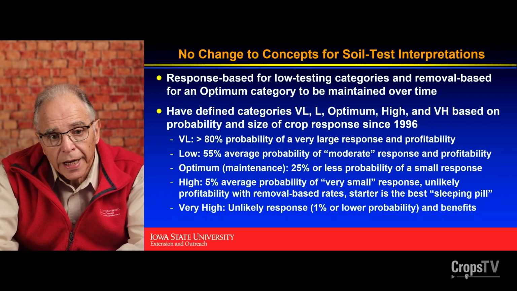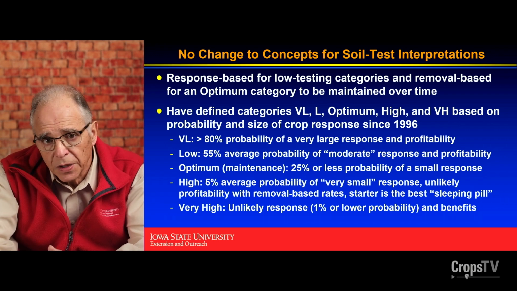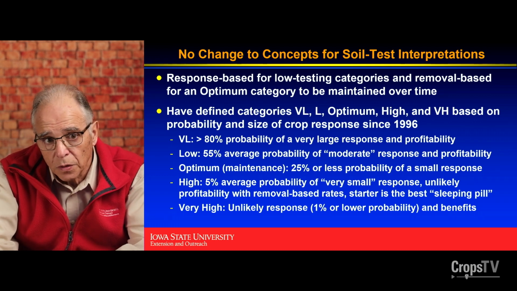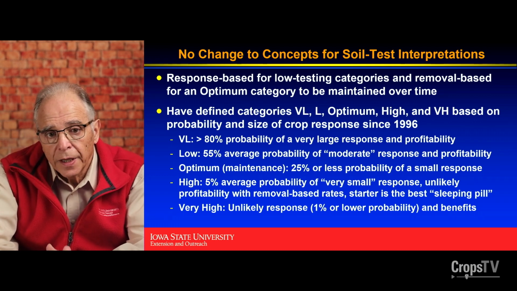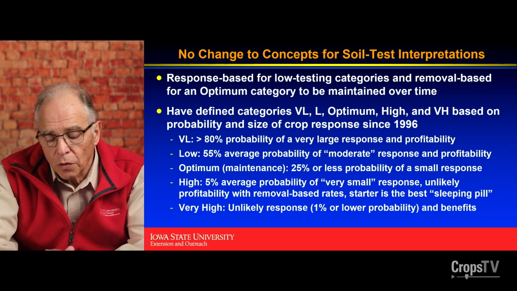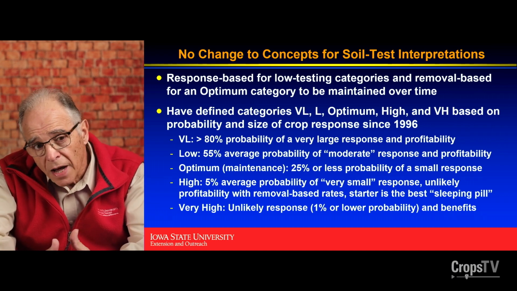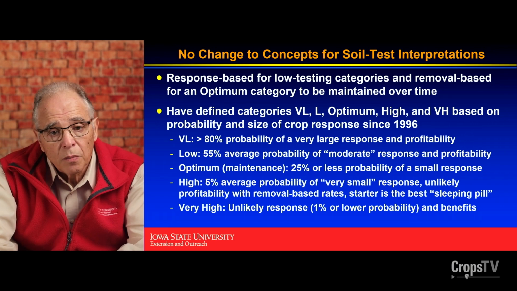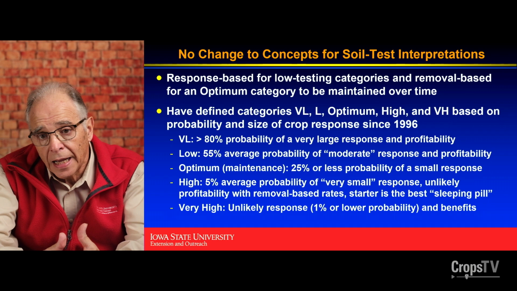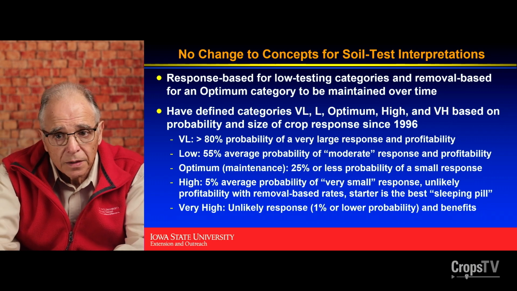And we want to have in that optimum a 25% or lower probability of a small response. That way, with the removal-based application that we recommend, for sure there will not be a deficiency there, okay? And then the high is on average about 5% probability of a very small response or less, and unlikely profitability, okay?